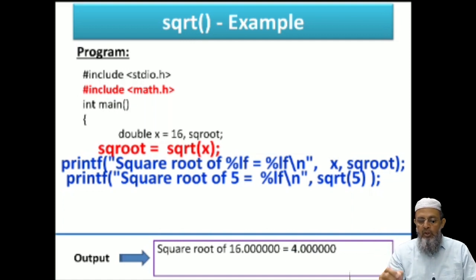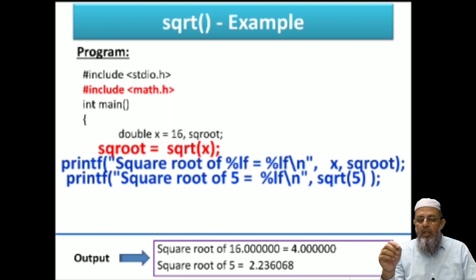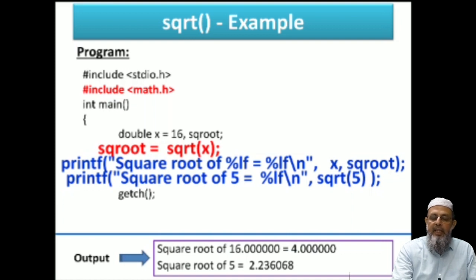So it will process that particular value 5, and it will return the value, and that will be printed in that statement. It's not going to be stored in any other variable. Simply it will be printed with this formatted printf statement. So the result of the second printf statement will be square root of 5 is equal to 2.236068.